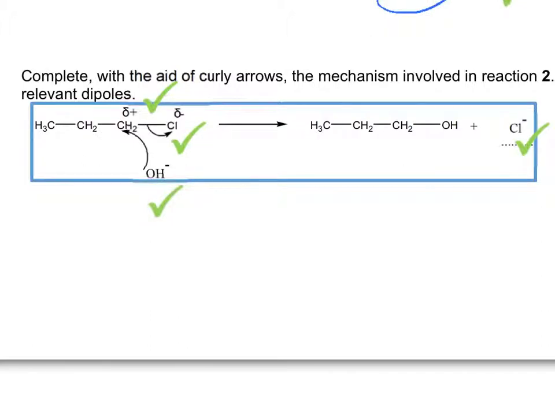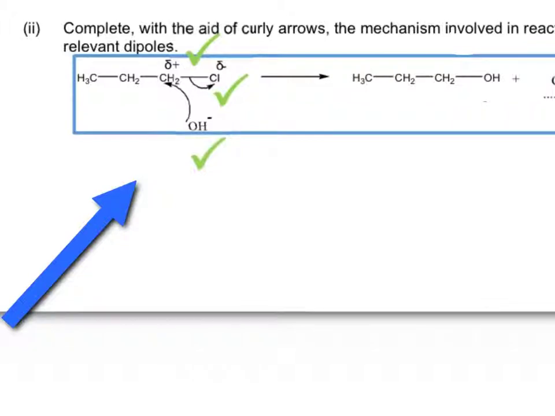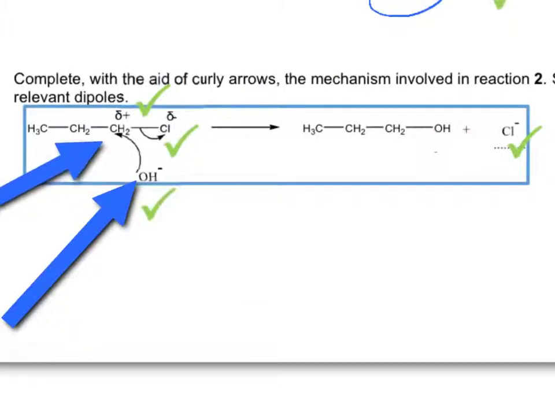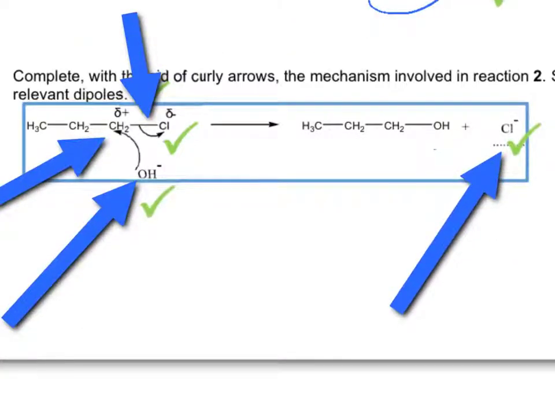This question talks about the mechanism of a reaction, a typical area where students find difficulty. What is essential here is that students must take into account the origin of the curly arrow as well as the destination of the curly arrow. Same applies to the curly arrow, which is then departing to form the Cl minus over here.